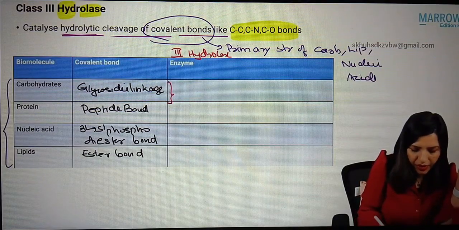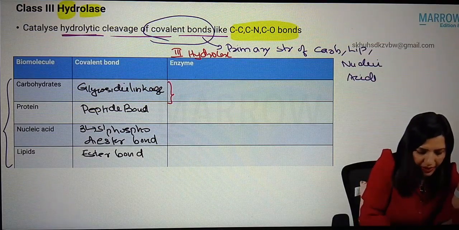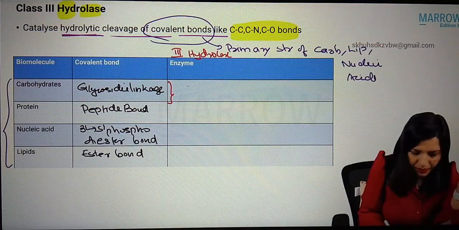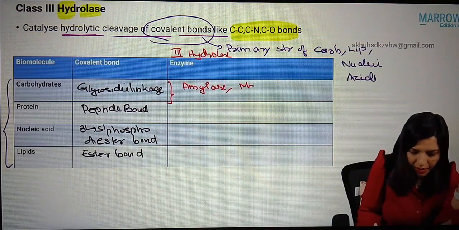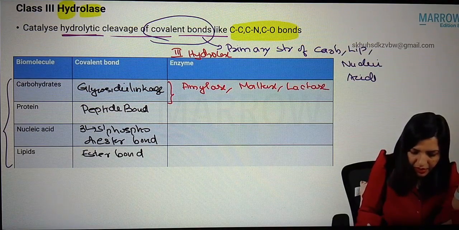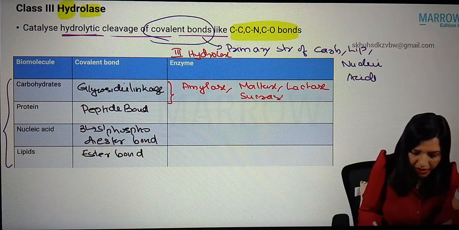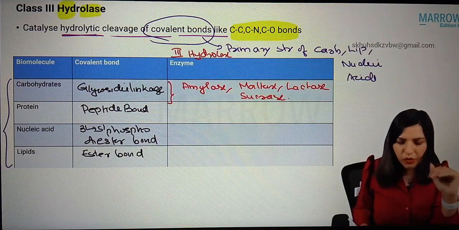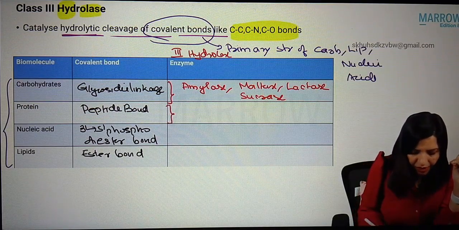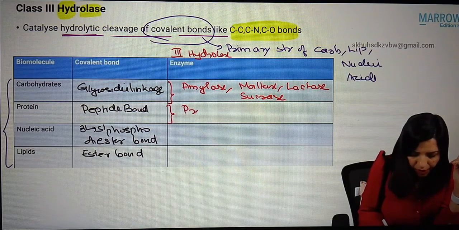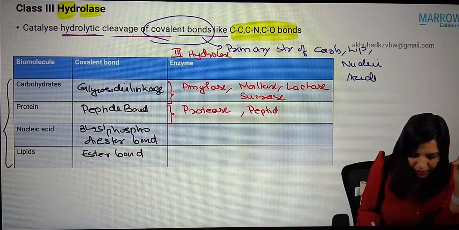Now we are going to learn the examples of hydrolase. Breaking of these carbohydrates, we know that the enzymes are amylase, then maltase, lactase, sucrase. So all these are breaking a covalent bond by adding water. Next is the peptide bond. Peptide bond is broken by protease, peptidase.